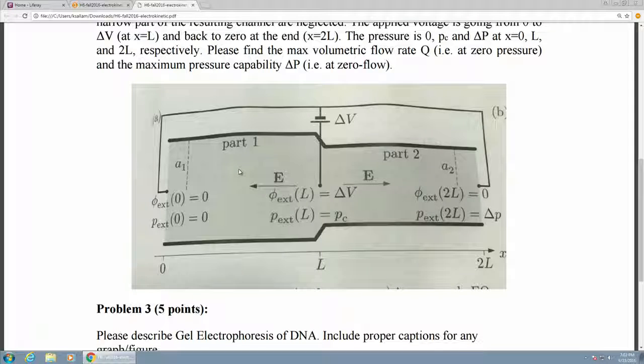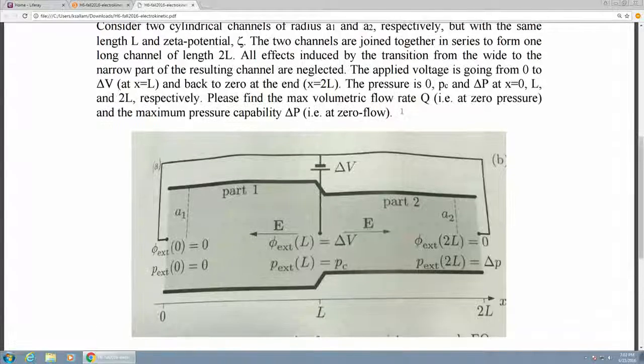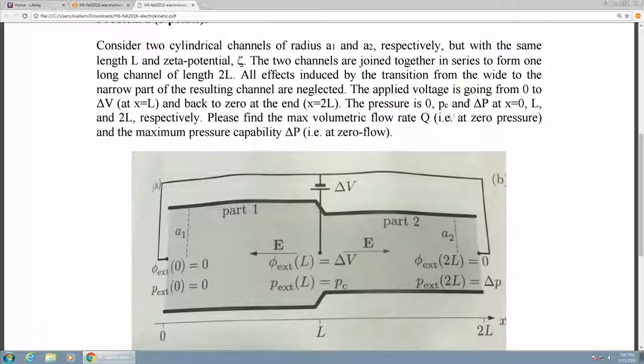You want the pressure to overcome that. So he says over here, find the maximum volumetric flow rate at 0 pressure. So obviously the Q in this channel, by the way, the Q here is the same as the Q here, or is different? The Q in those two sections, are they the same or different?